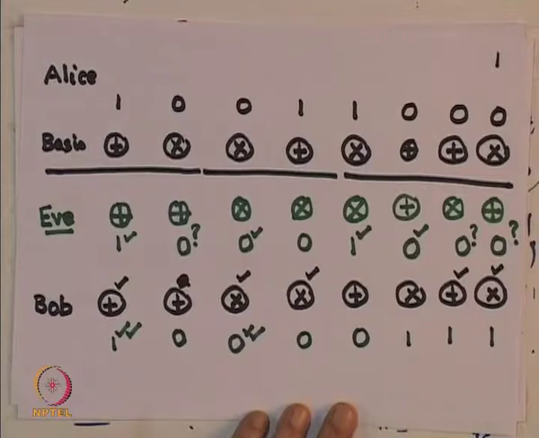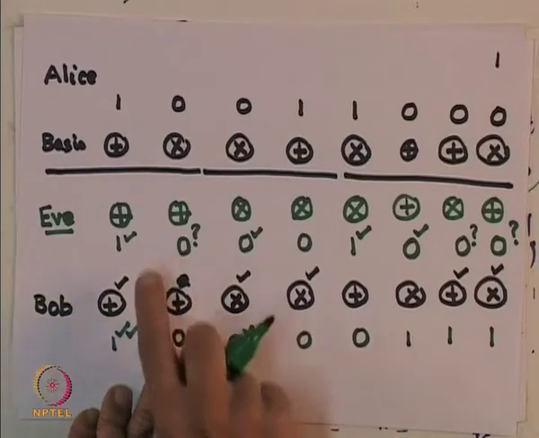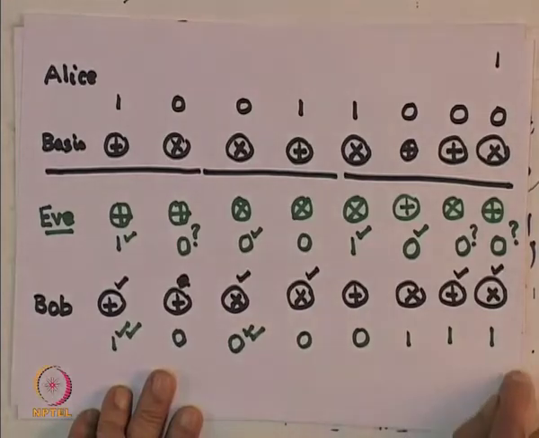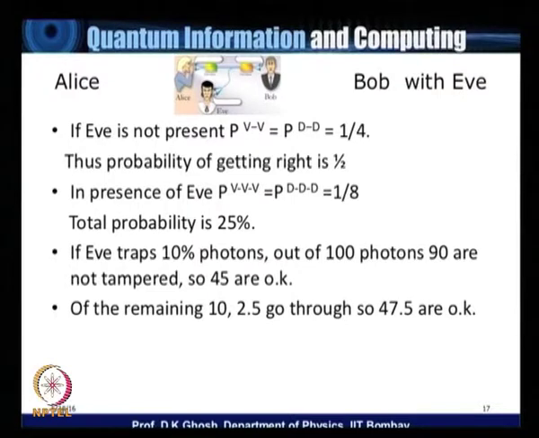Now look at what is happening here. The situation is the following: out of these cases that we have, in 1/4 of the cases, Bob's basis, Eve's basis and Alice's basis are identical. Previously, in the absence of Eve, in only 50% of the cases would Alice's and Bob's results match perfectly.